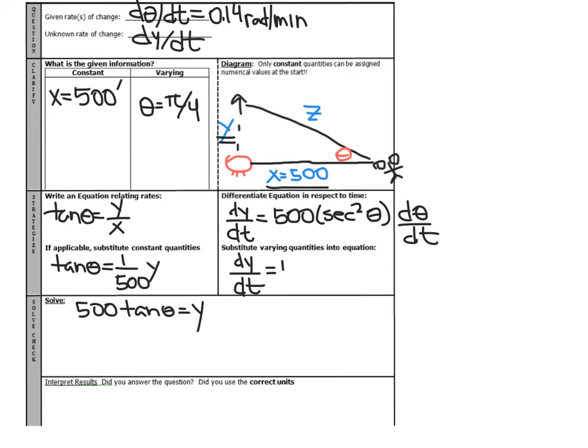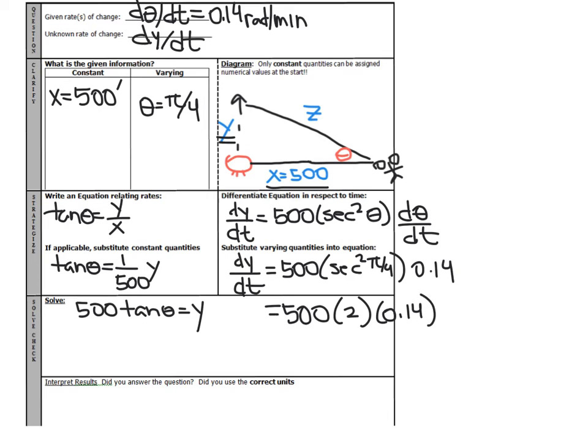So we have 500 secant squared. Now we know that theta is going to be pi fourth, and the change in theta over change in time is 0.14. So in doing the math, it's nice because secant of pi fourth, I believe, is radical 2, and then squared would be 2, times 0.14.